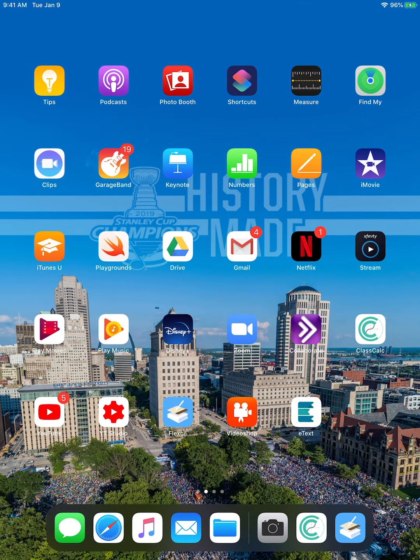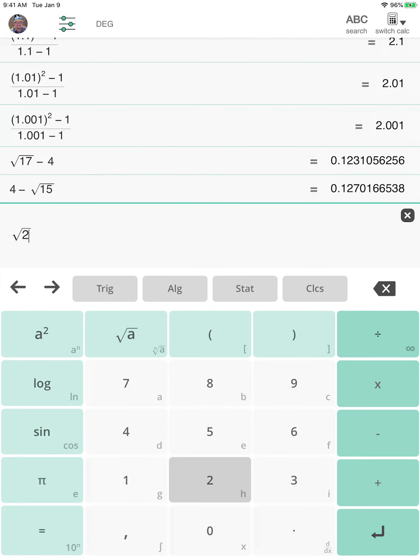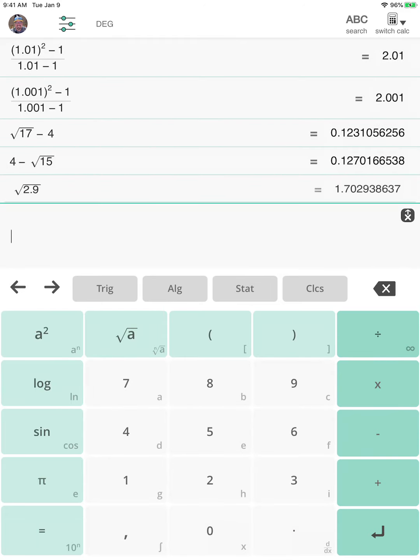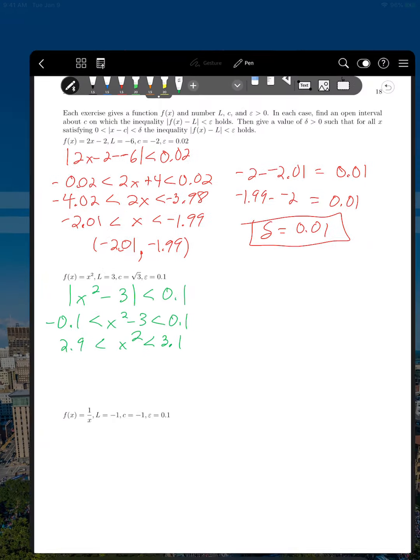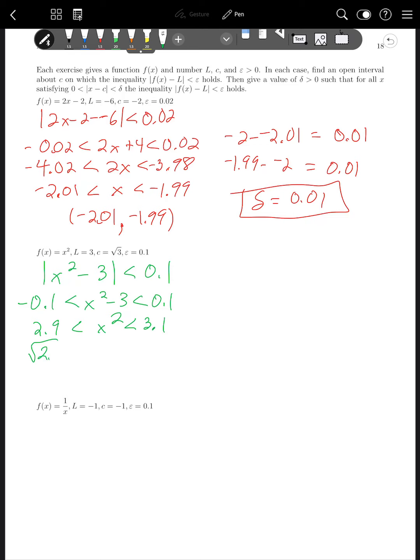So we can use the calculator here to do that. Square root of 2.9 is 1.703. Square root of 3.1 is 1.761. Or you can just leave them written like this. Either way. When you're doing the homework, just make sure you're inputting your answers the way they ask for them.